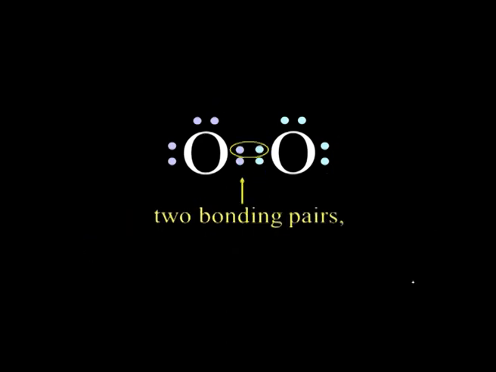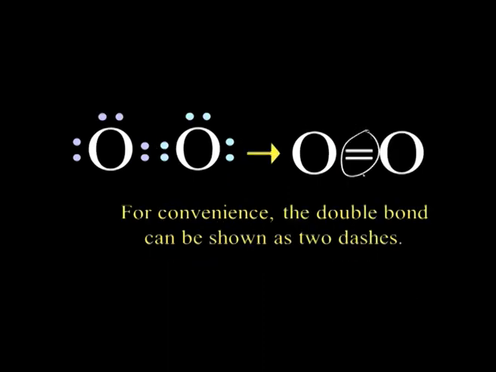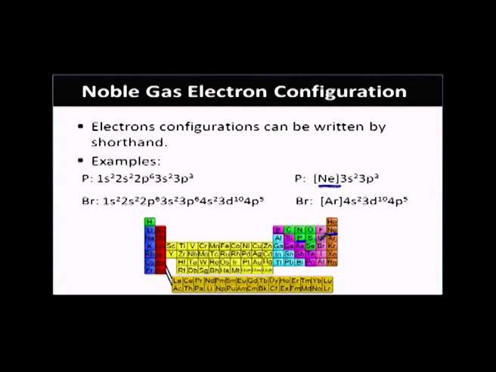Atoms attain stability when their outermost energy level is completely filled, that is, they have a noble gas configuration. Besides accomplishing it by ionic transfer, this can also be achieved by mutual sharing of electrons.